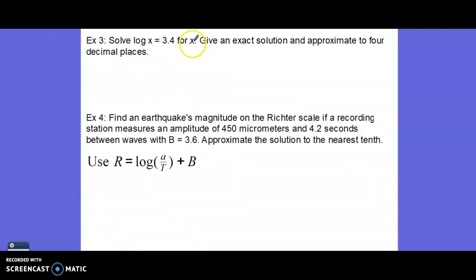So in the next problem, you should be able to get an exact answer. Okay, so an exact answer is without a calculator. So that can show up on a future test. And approximating is with your calculator. So remember, this is implied to be log base 10 of x equals 3.4. So the exact answer would be changing to exponential form, that 10 to the 3.4 power would give me x.